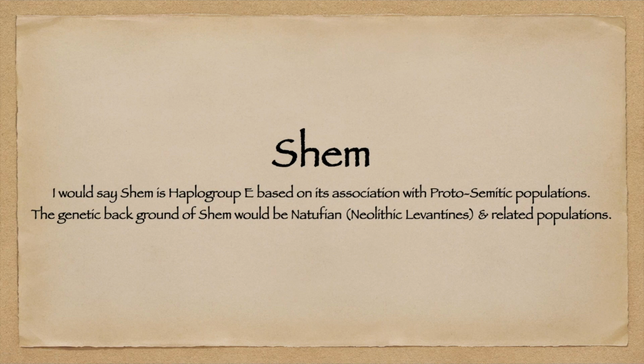So I would say Shem is haplogroup E based on its association with Proto-Semitic populations. The genetic background of Shem would be Natufian, Neolithic Levantines, and other related populations.